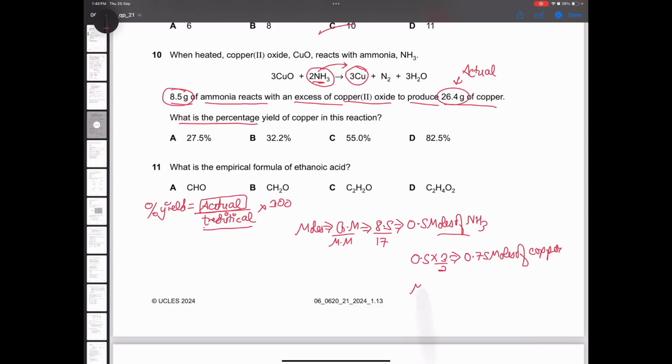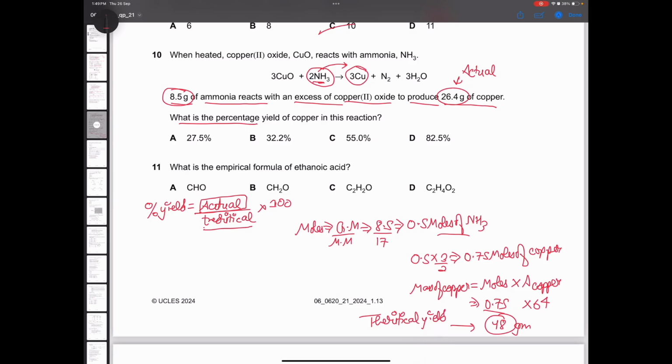Now if you want the mass of copper, you multiply the moles with the atomic mass of copper. Let's take the atomic mass of copper to be nearly 64. You will have it in the periodic table. Times moles, 0.75. So 0.75 times 64 is 48 grams. So this is the theoretical yield.